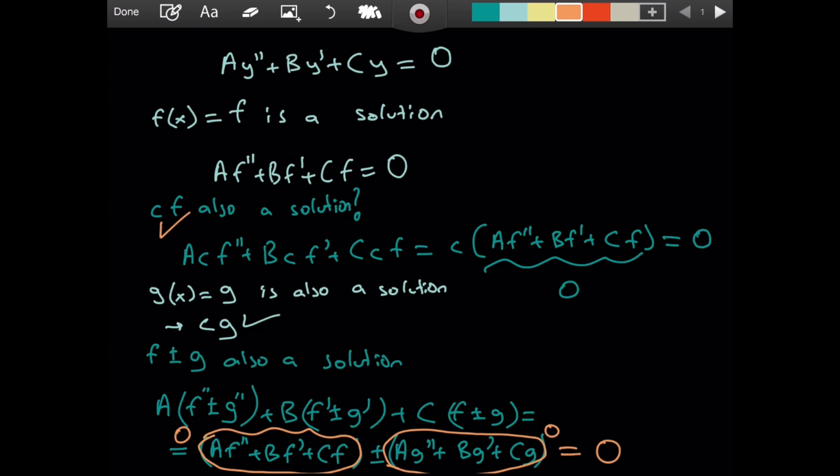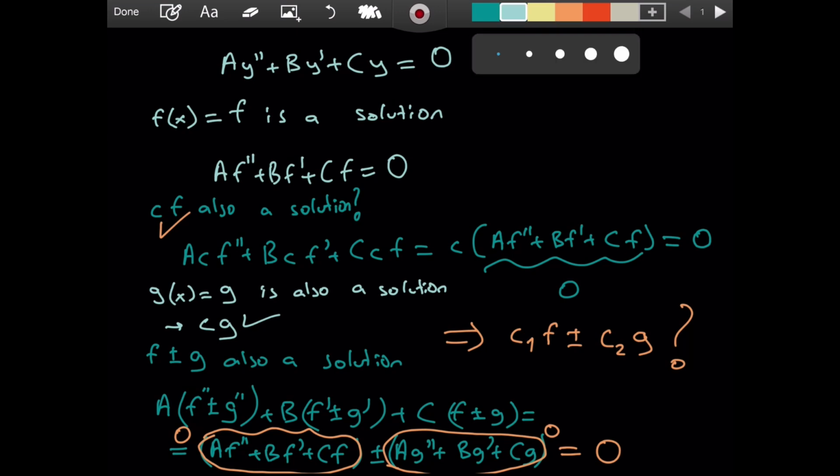And now I want to briefly consider the most general case. We want to finally ask, is C1, a constant, times f plus or minus C2, another constant, times g, is this also a solution? And yes, it will be a solution. Because think about it like this.